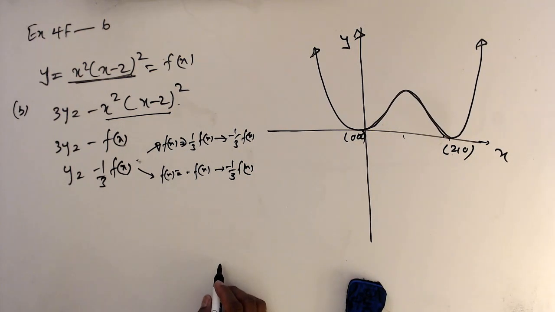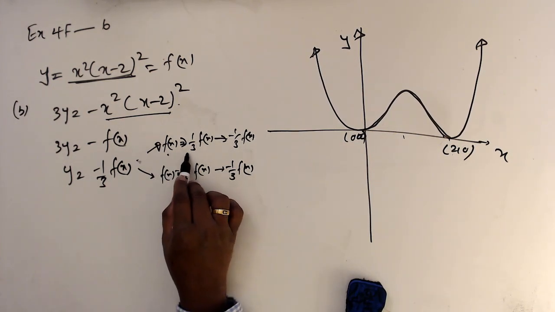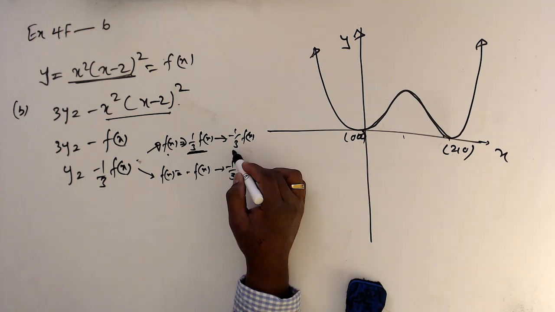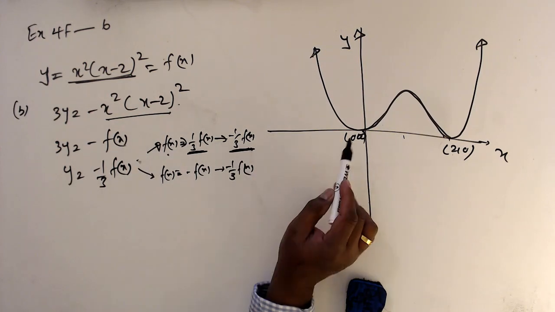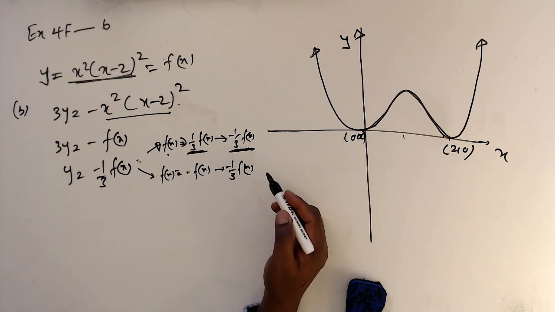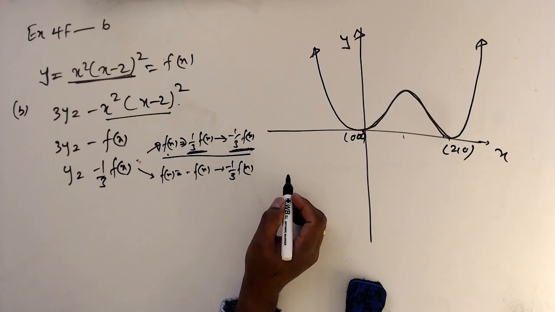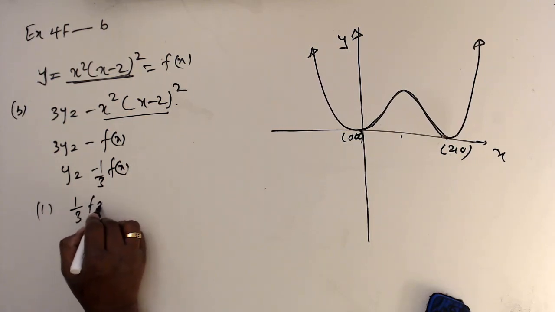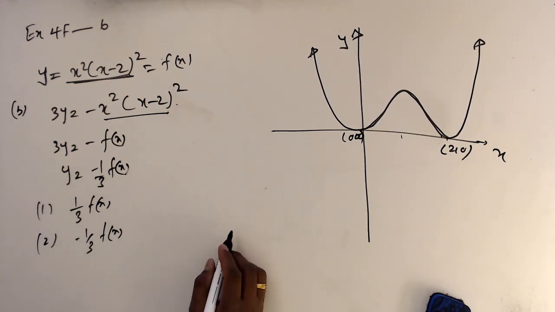So my plan is I will have this one, then I will do this one, and then I have to get the reflection in x. So I'll make 1/3 from here and then reflection. You can get the reflection and the 1/3, but I feel this is easier. So first of all 1/3 f(x), then second is minus 1/3 f(x).